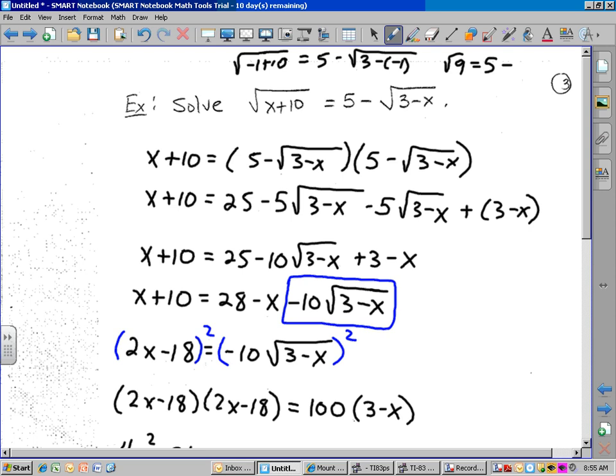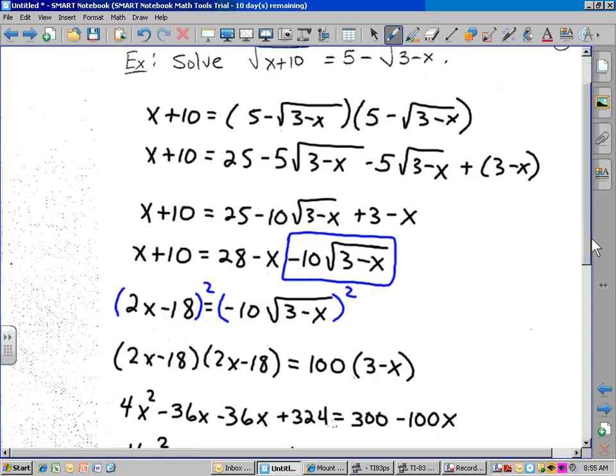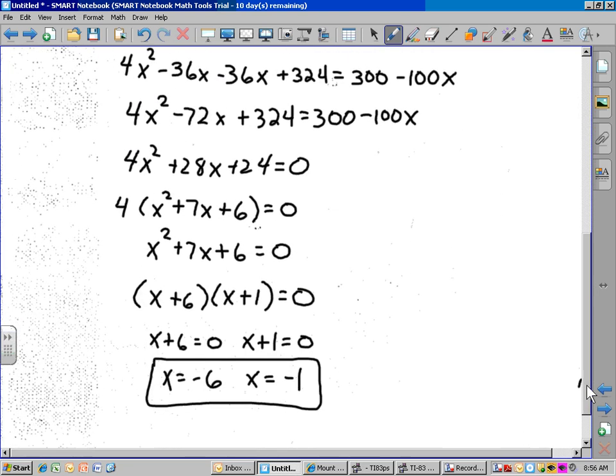On the right, we get the square root of 4. So square root of 9 is 3, 5 minus 2, 3 equals 3. That also checks out. So they both work. So both negative 6 and negative 1 work.